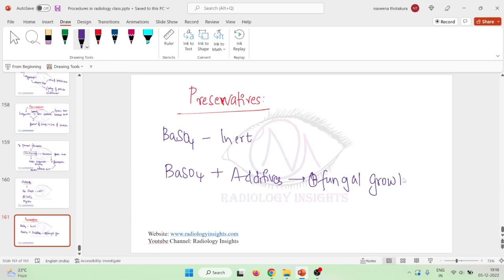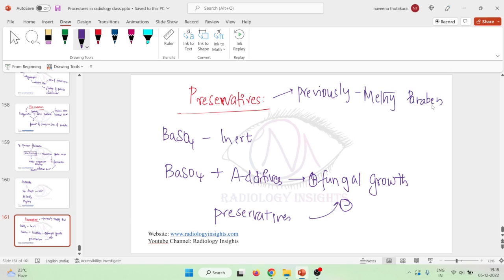So in order to prevent this fungal growth, we add preservatives, which will inhibit fungal growth. Previously we used to use methyl paraben, but presently we use sodium metabisulfite.